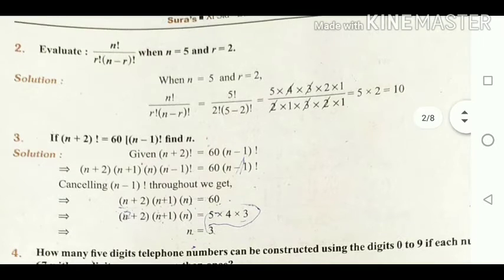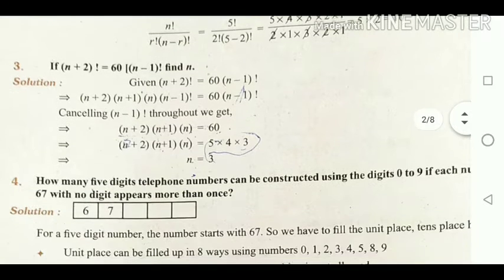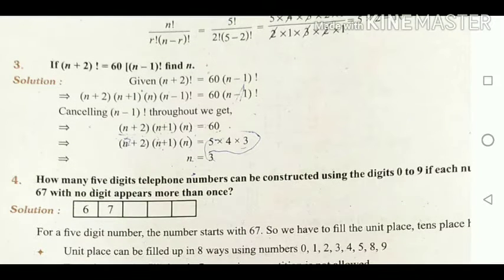Okay, listen, here the values of n and r are given. First apply the values, then give the factors, then after cancelling we get the answer as 10.